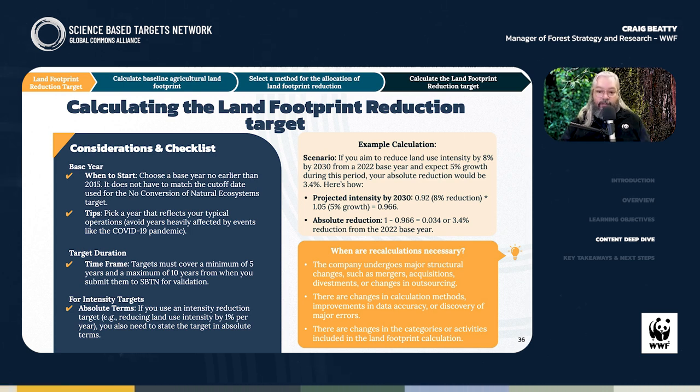With these target reductions in mind, we want to stress the importance of your relationship with your suppliers to achieve this target. Instead of switching to higher yielding suppliers to improve performance, companies should work with the current suppliers to improve over time.